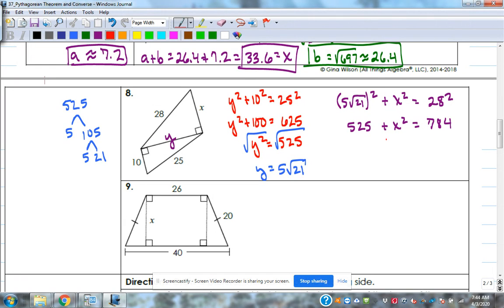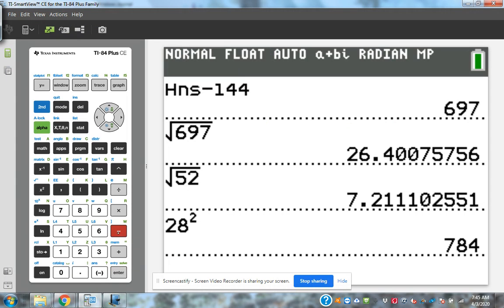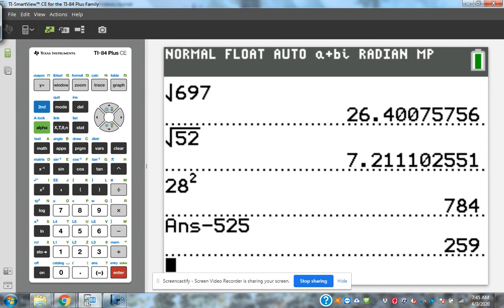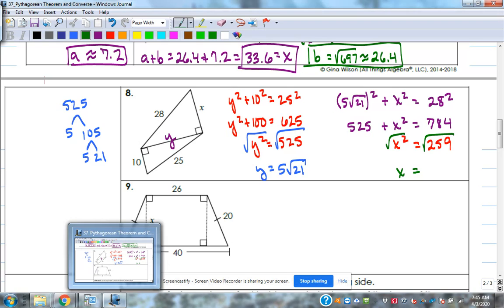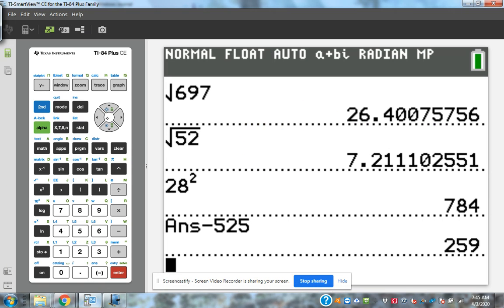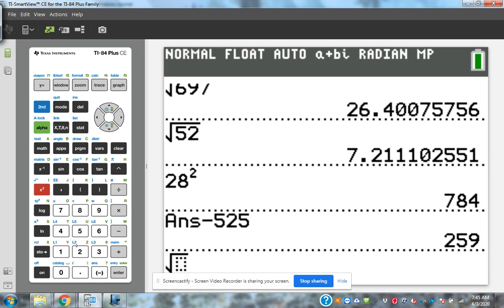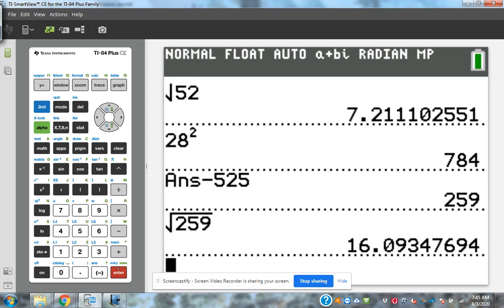We would do subtraction. 259. Take the square root. About 16.1.